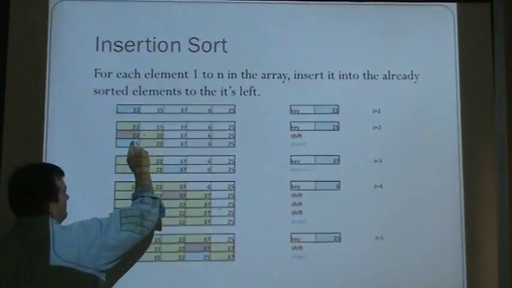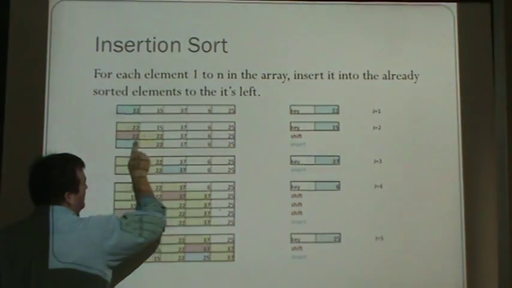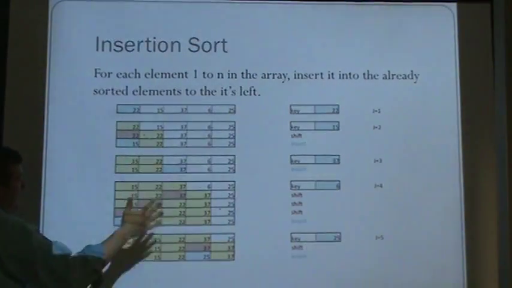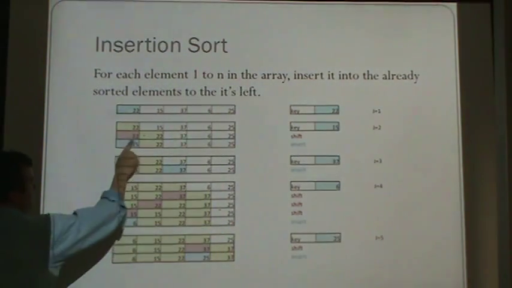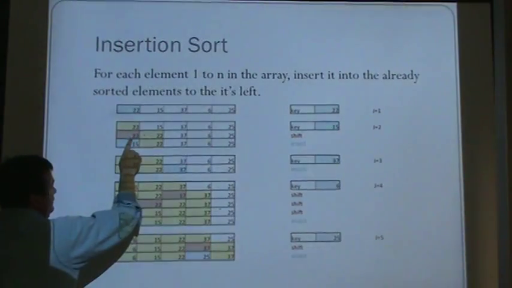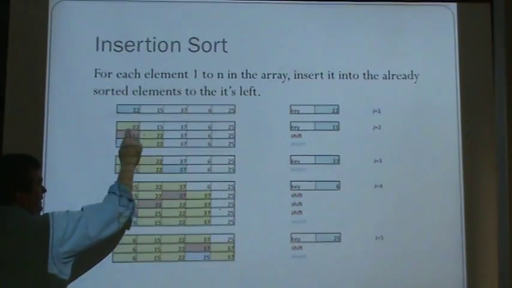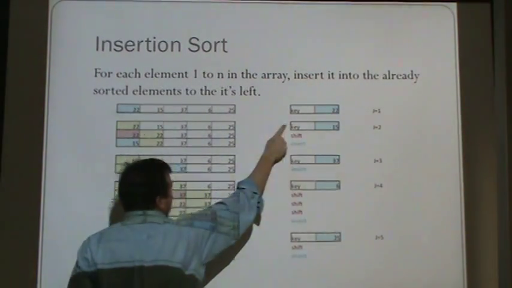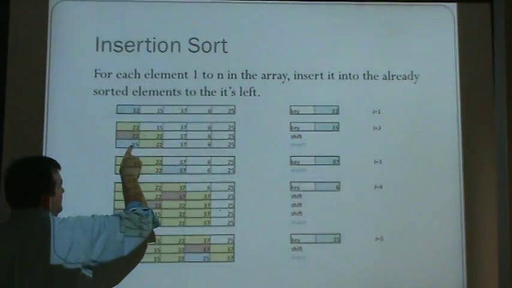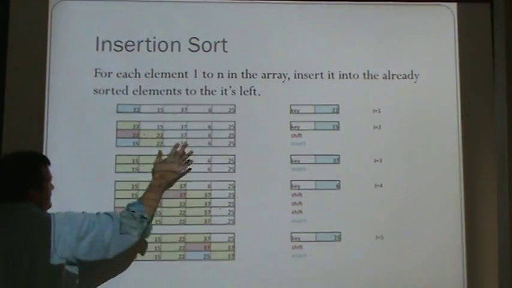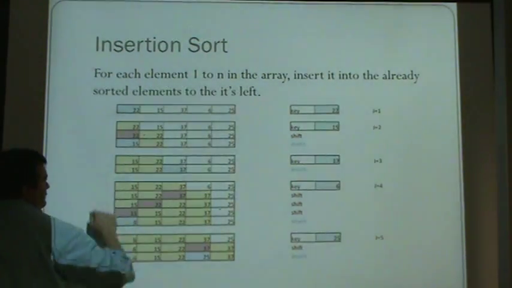If so, we copy 22 up to this one. We don't need to erase this 22 yet, but it obviously no longer belongs there. Then we go to the next spot, which doesn't exist, so now we put 15 in this spot. We copy this 15 over to here, and we consider this part of the array sorted.